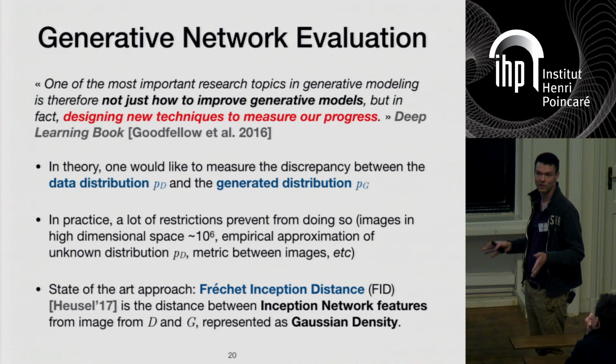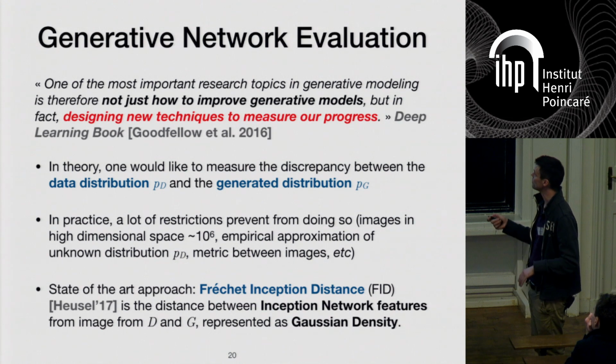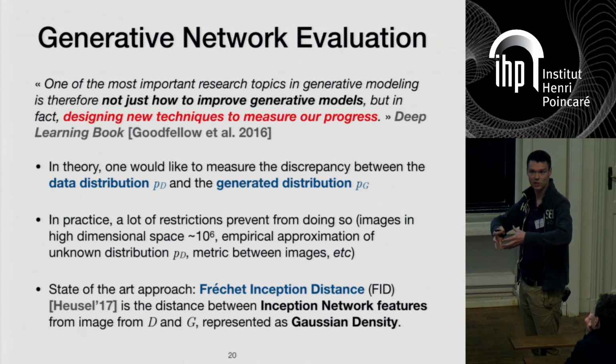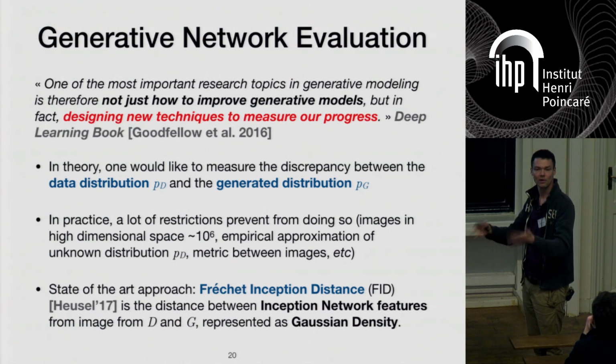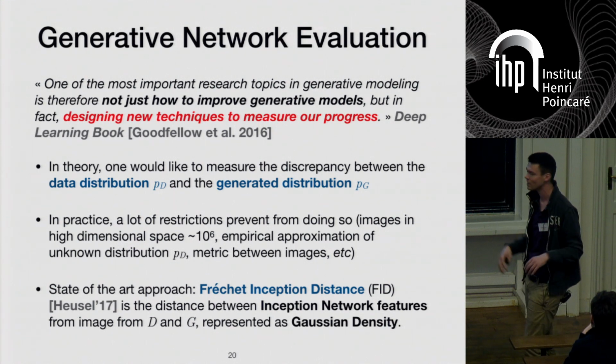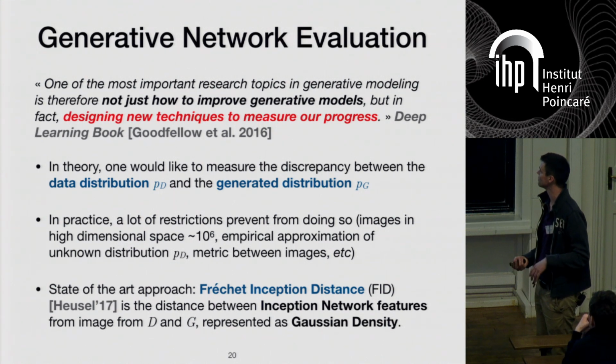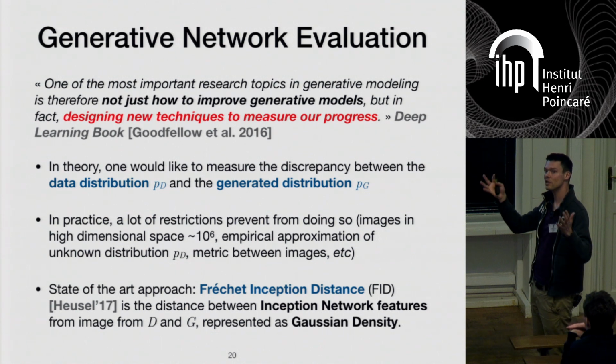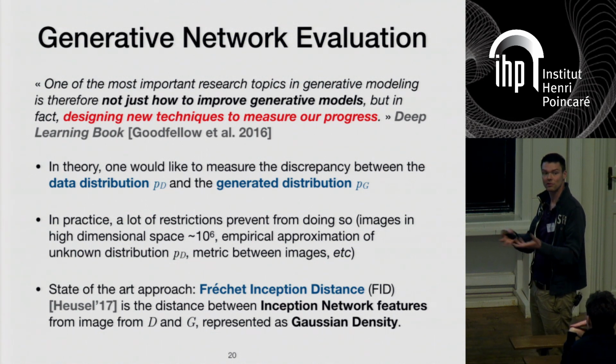for which the state-of-the-art method at the moment is the following one. It is called the Frechet Inception Distance. Basically, what it does is first reduce the dimension of images by passing them through a convolutional network. So it's the Inception network. It could be VGG if you like that one more. Okay. So instead of having millions of pixels, we now have thousands of vectors.